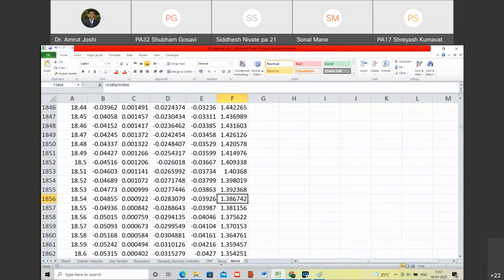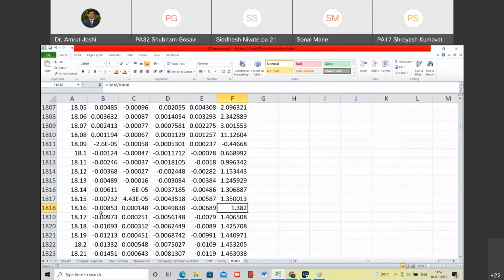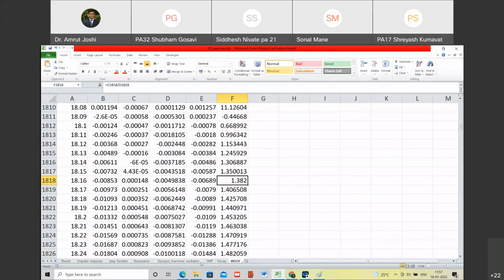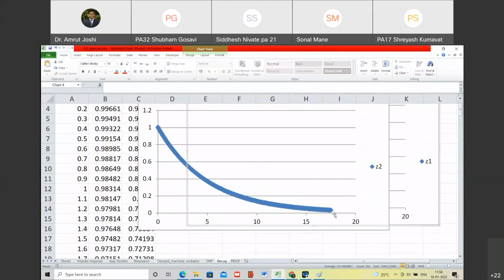Do you correlate something, 17 or 18 seconds के बाद ये होना चालू होगा? If I am correct. ऐसे क्यों हुआ है? जरा ये डीके देखो. Z2 of t has decayed down to almost zero at 17.